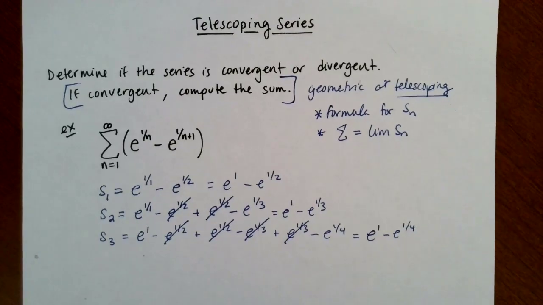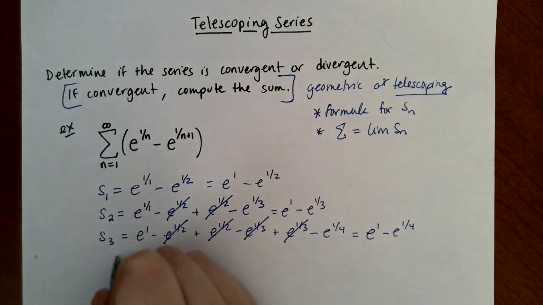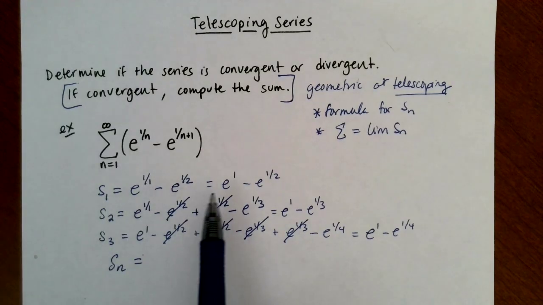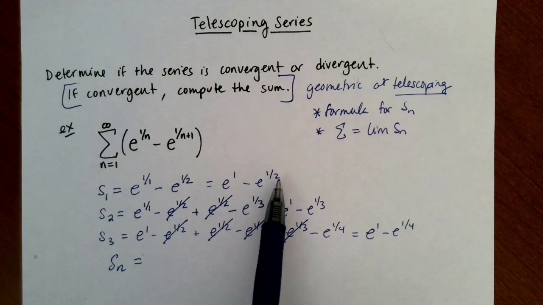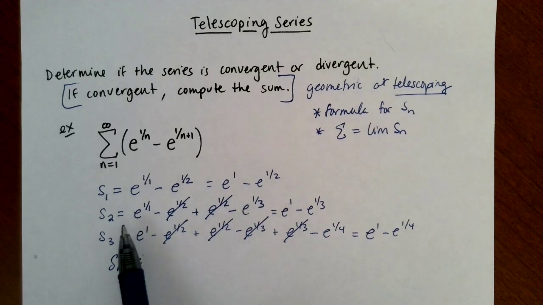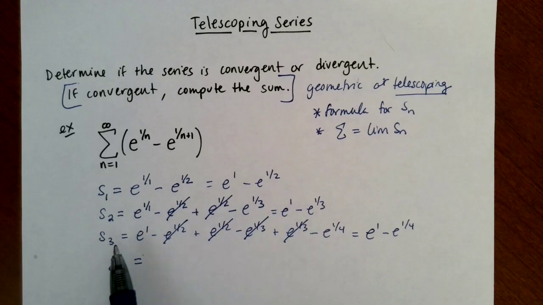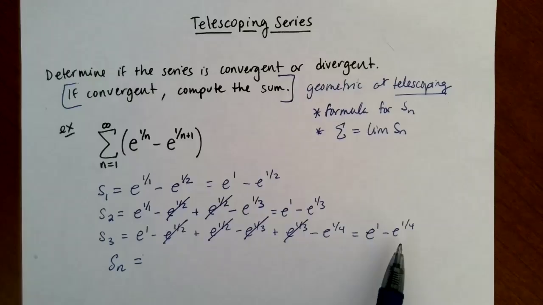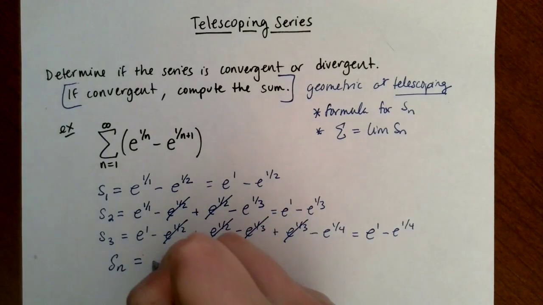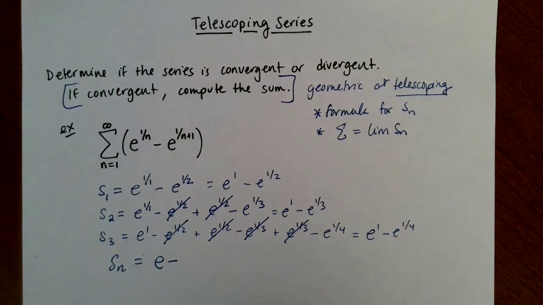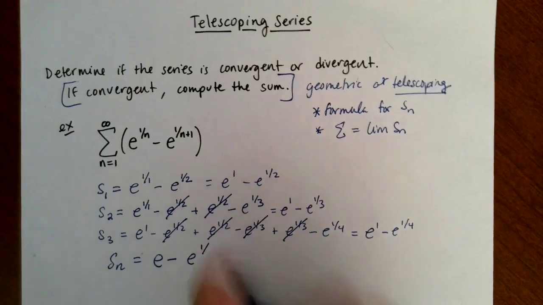Okay, so for me, this is enough to start to get a pattern for the arbitrary Sn. So for S1, we have e minus e to the 1 over 2. For S2, e minus e to the 1 over 3. And then finally for S3, e minus e to the 1 over 4. So they all have e minus, I'm going to drop that one exponent here, and then we have e to the 1 over.